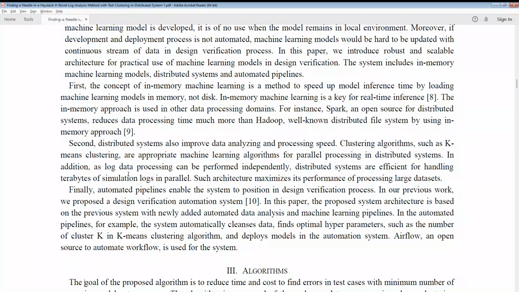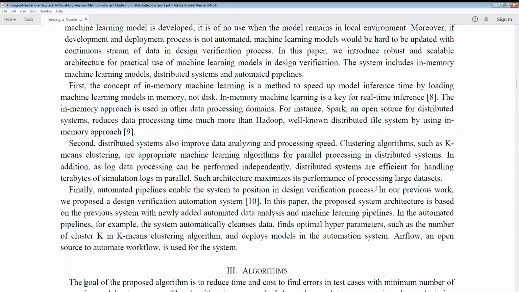In addition, as log data processing can be performed independently, distributed systems are efficient for handling terabytes of simulation logs in parallel. Such architecture maximizes the performance of processing a large dataset. Finally, automated pipelines enable the system to be positioned in the design verification process.